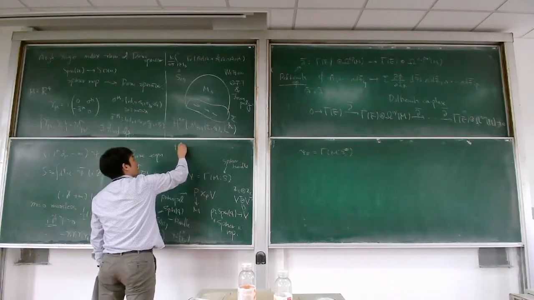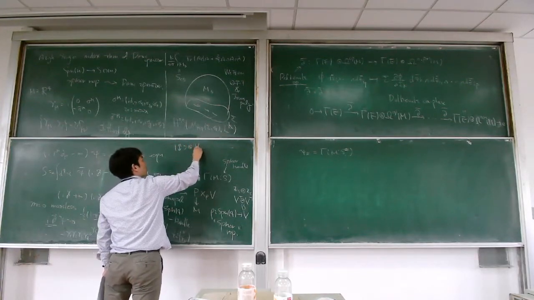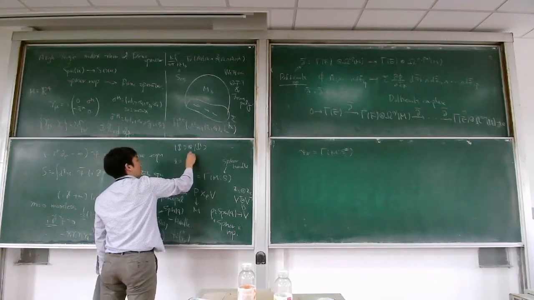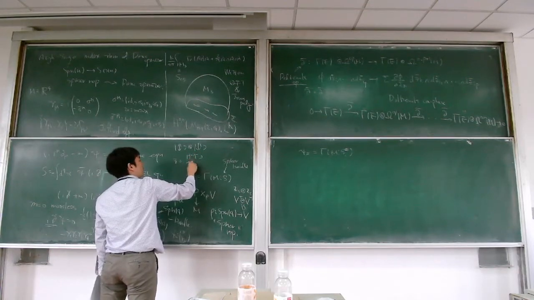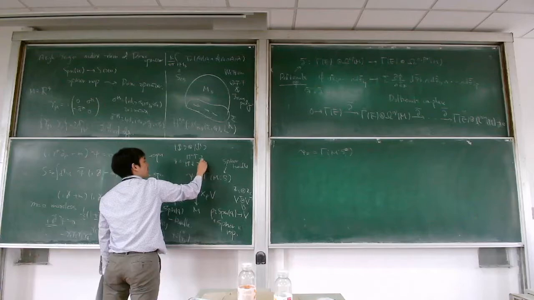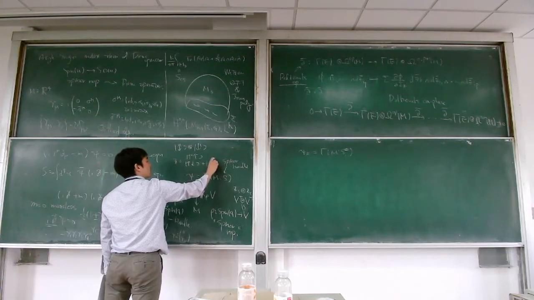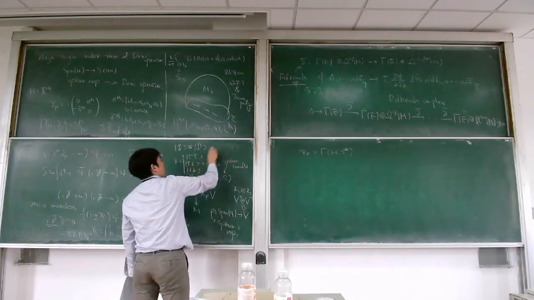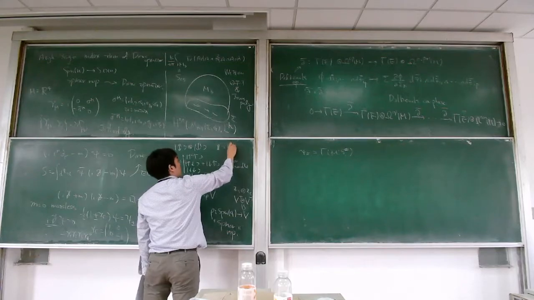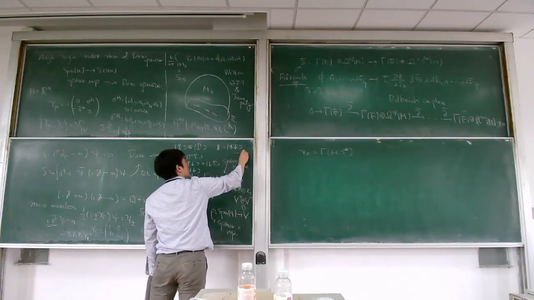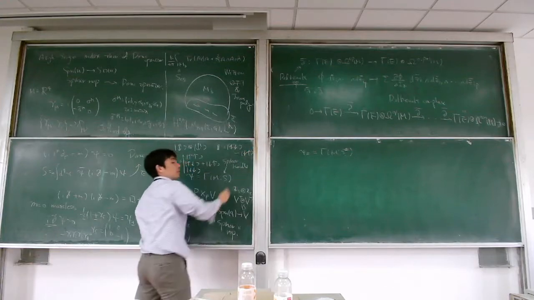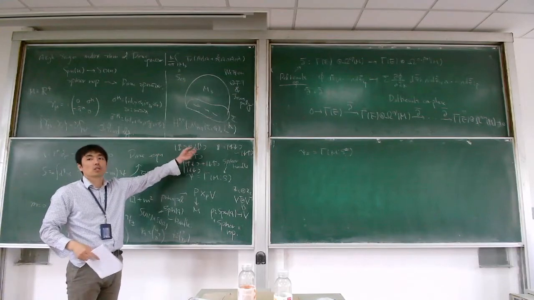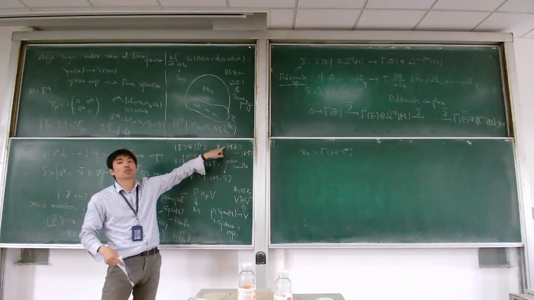If you take a tensor product of up and down spin, the 3 corresponds to up up, down down, plus up down plus down up, and the 1 is spanned by up down minus down up, like this. So you learned in quantum mechanics that the representation is decomposed into irreducible representations 3 plus 1.